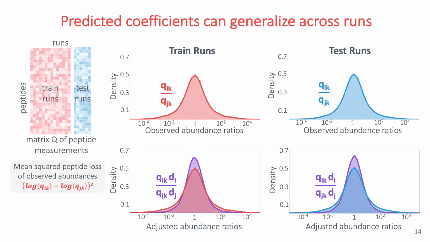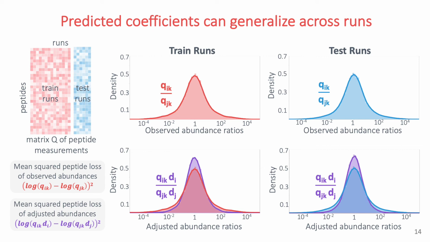But we also wanted to quantitatively investigate these results. So we first calculated the mean squared observed abundance peptide loss, which is the log squared distance between QIK and QJK for all pairs of sibling peptides. And then we adjust the abundances with the predicted coefficients and calculate the mean squared peptide loss of adjusted abundances.